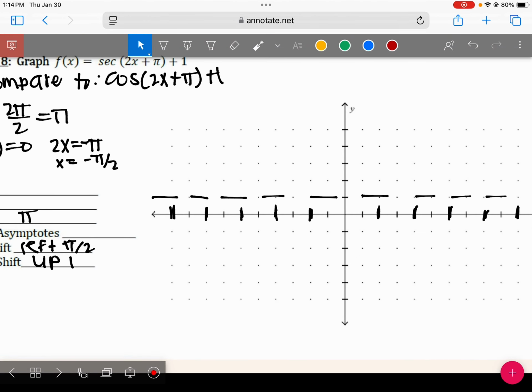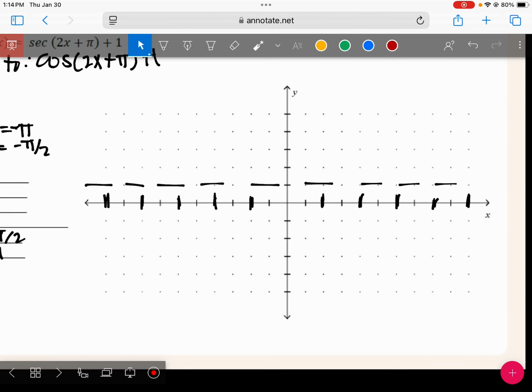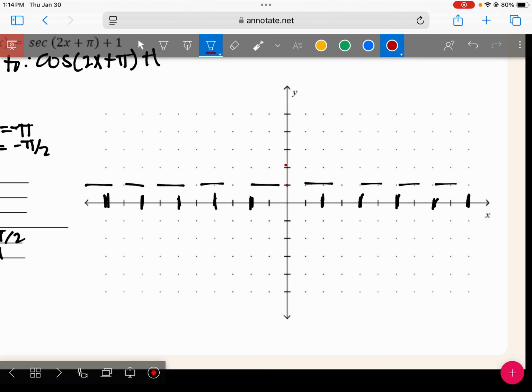And then does cosine start at the top of the wave or the middle of the wave? Top. So I'm going to draw for a second. So the parent function would start here. We moved our midline up. So that would be it. But then we also have to move to the left pi halves. So our new location for 0 is this dot right here, at negative pi halves.